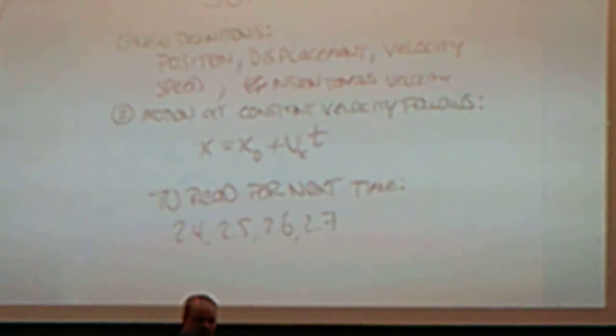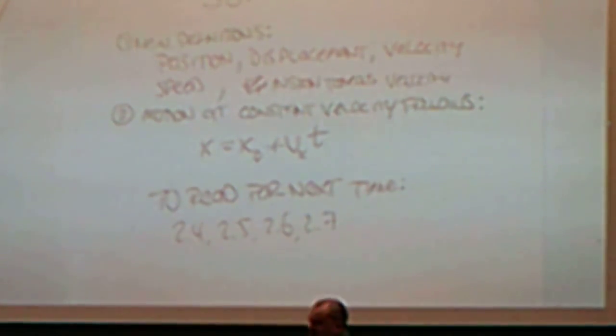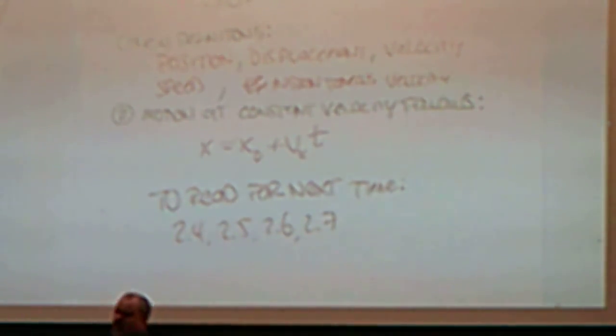So, today we talked about simple motion in one dimension where velocity was constant, okay? So we defined a couple different terms. We defined position, which must be relative to a coordinate system or to another object, right? There's no absolutes in position. We defined displacement, which is the change in position, delta x, so x2 minus x1.